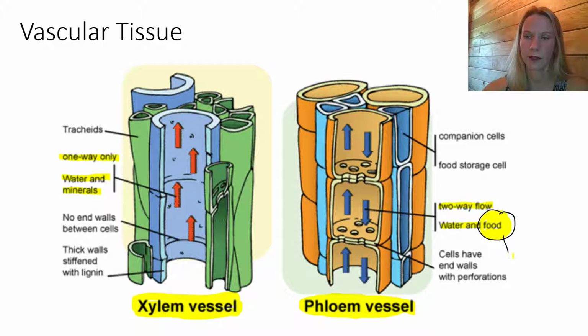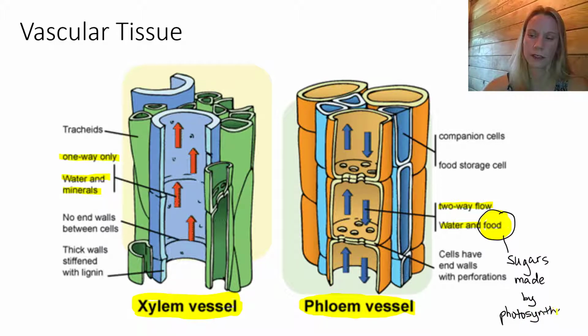So this food, we're talking about sugars made by photosynthesis. Photosynthesis occurs in the leaves of the plant, and usually the leaves are towards the top of the plant, and then the sugars will be transported down to feed all of the other structures, as well as upwards to feed the structures that are towards the top of the plant.